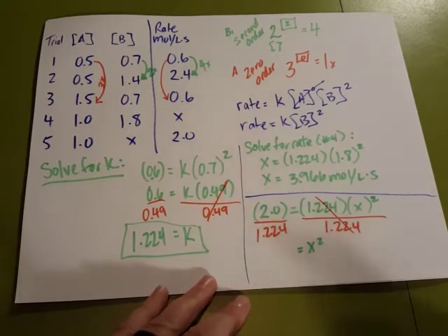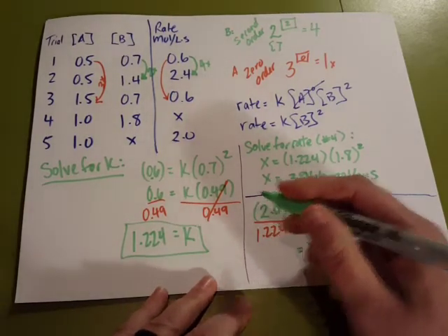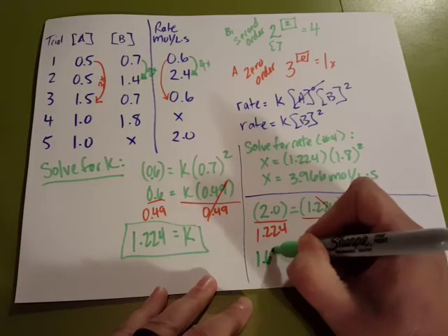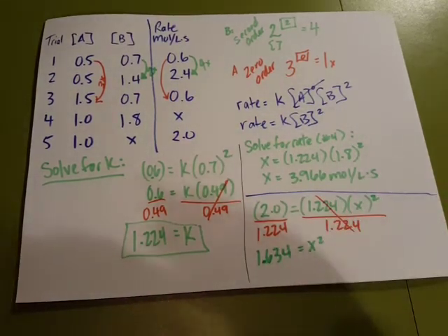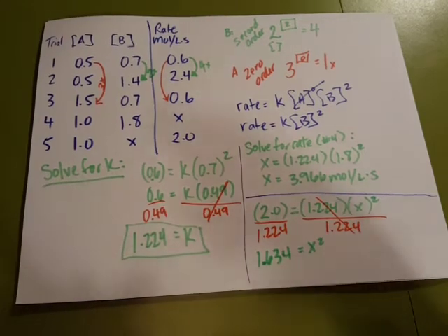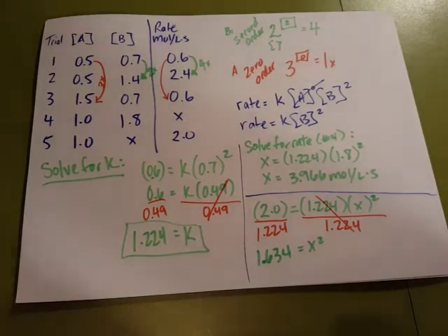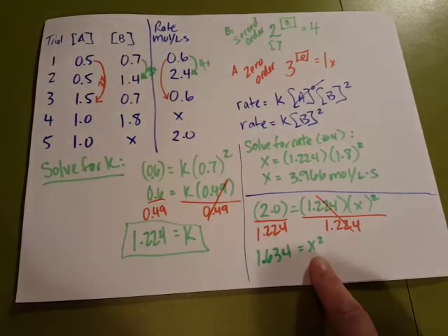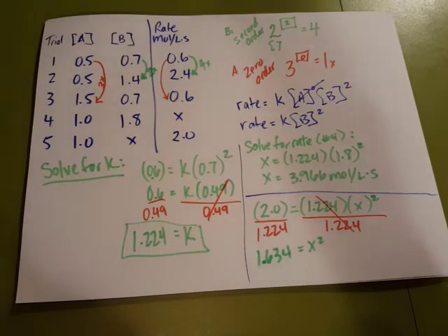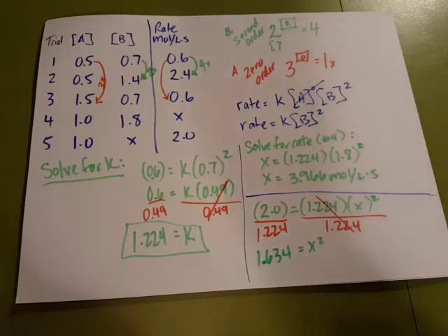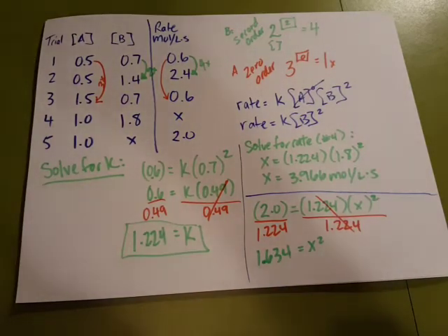And we get 1.634. Now, just as a quick reminder, if you want to get a single x, the way you unsquare the number is to take the square root.